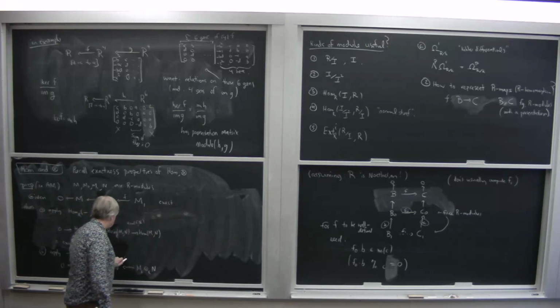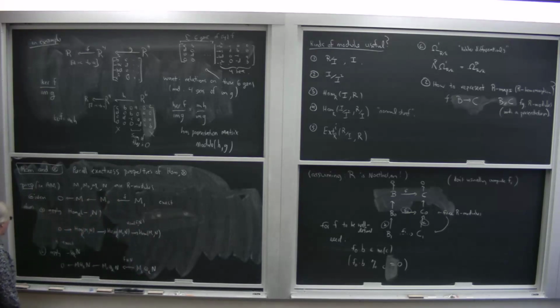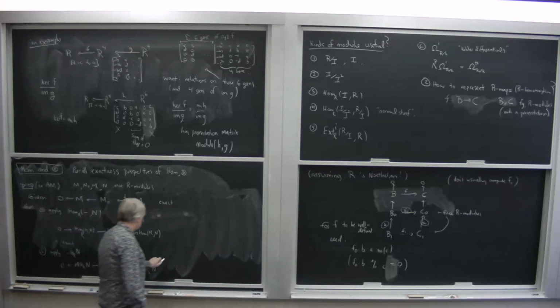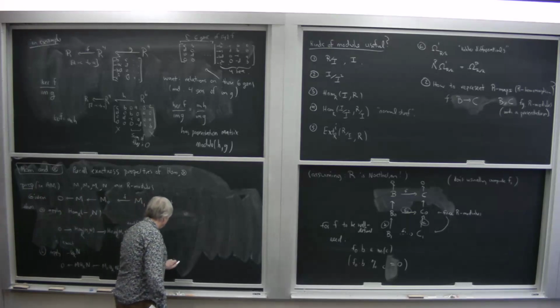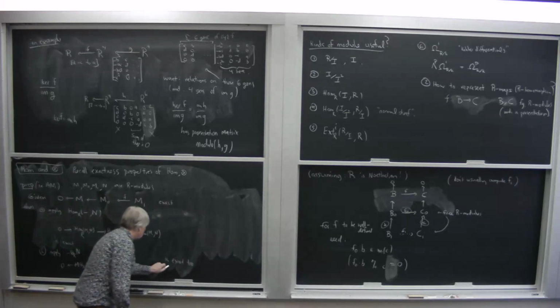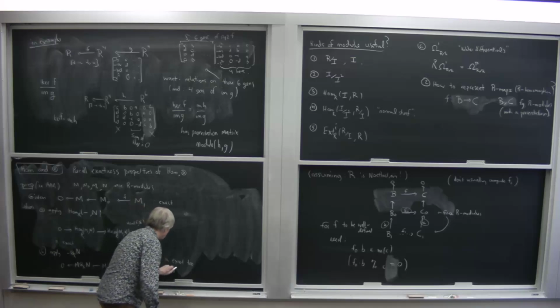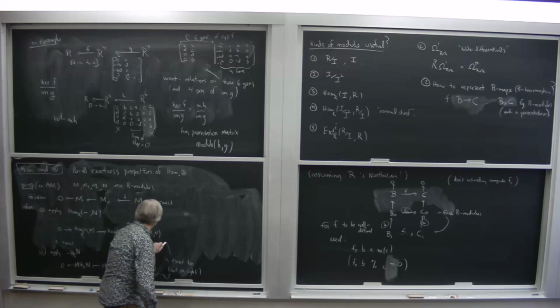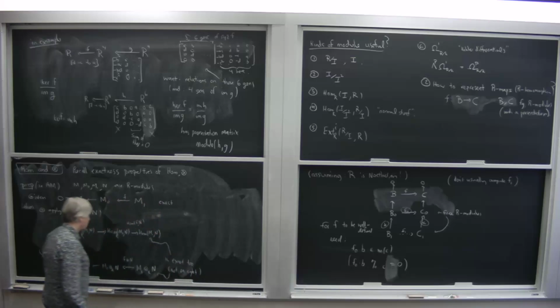And this would be F tensor N. And this is exact, except at the ends. But not on the right. Here and here.